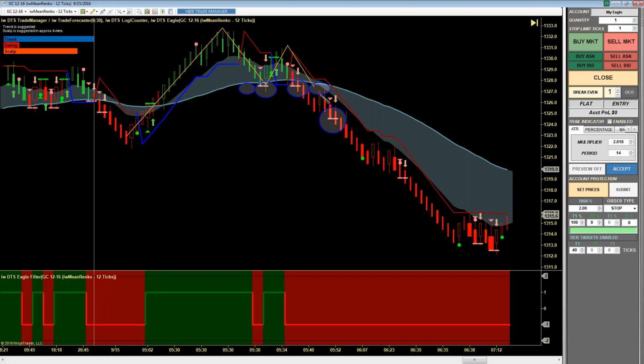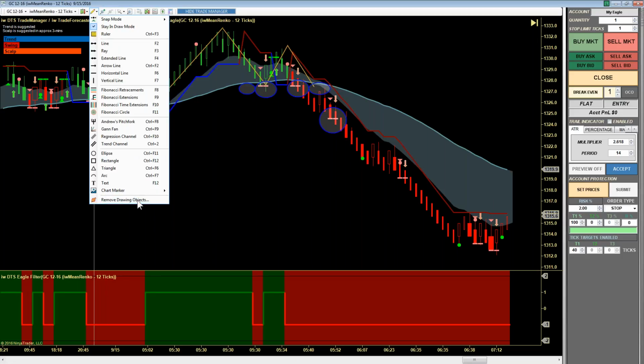But typically you'll get 3 counter trend signals and then the market will reverse. But it must always, always, always be preceded by a test of the extreme. So that was a nice little signal there on gold for the Eagle.